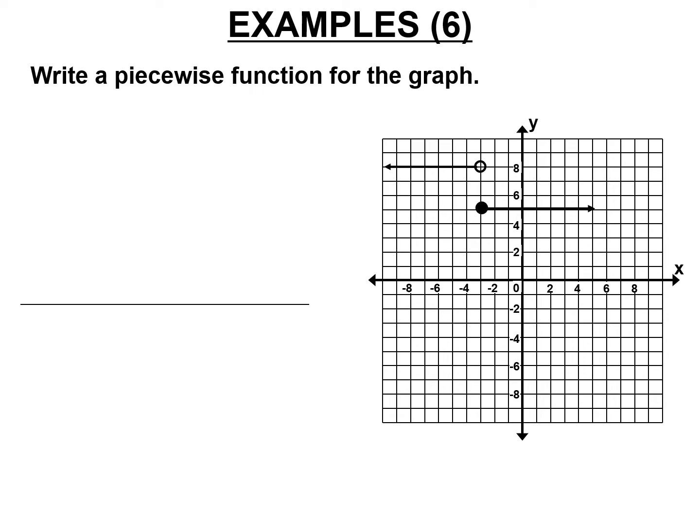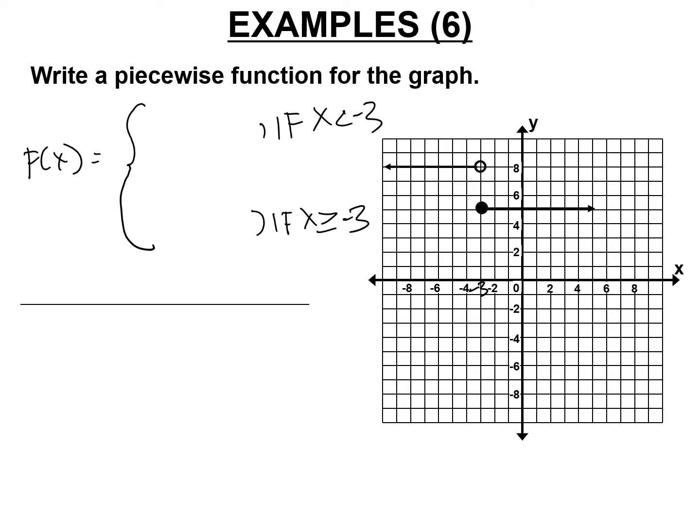All right, so we're going to work backwards and write a piecewise function for this. So it's f of x. This one is sort of a combination of the two from yesterday, but it's horizontal, so I didn't want to cover it yesterday. Over here, this is -3, so if x is less than -3, and this one is if x is greater than or equal to -3.